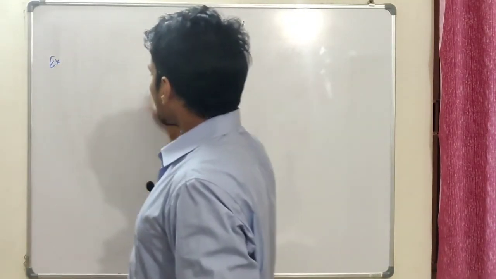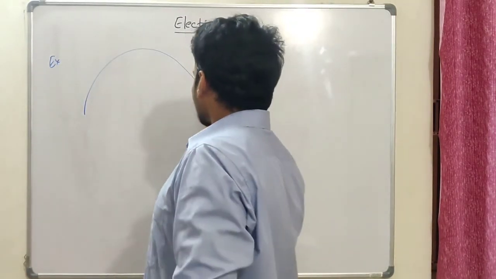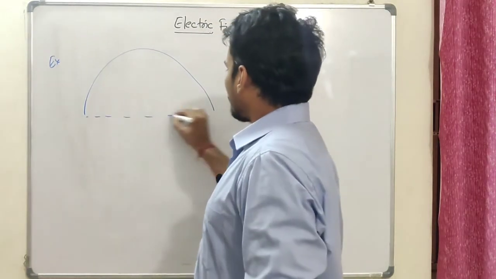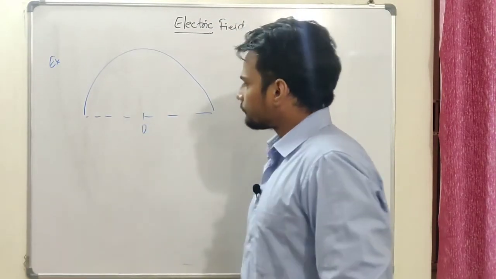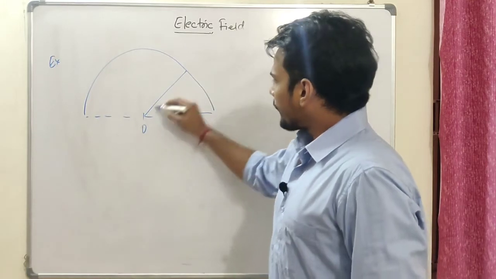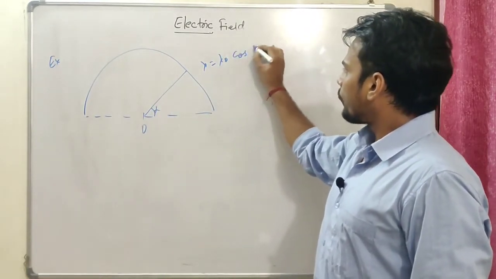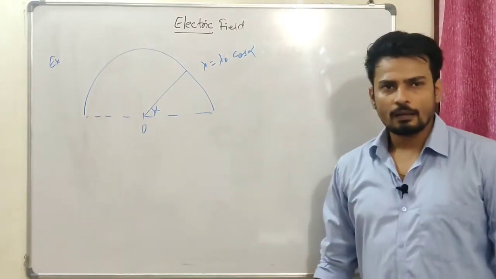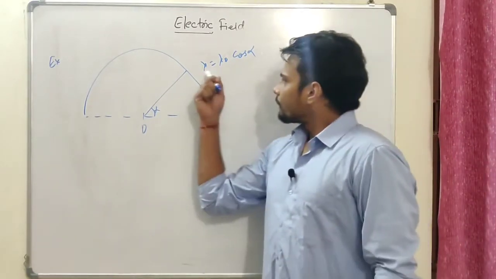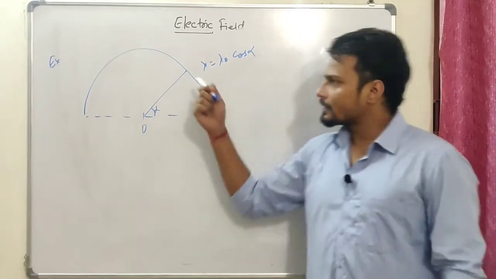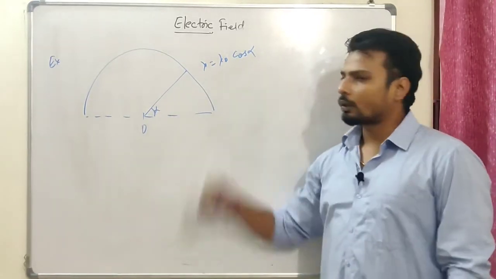Let's say I have a semi arc, and let's say this is the center. It is given that at any angle alpha, the linear charge density is λ0 times cos α.